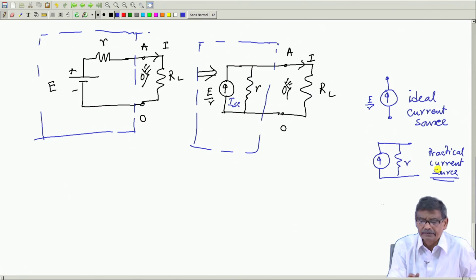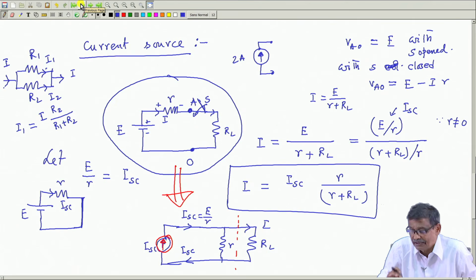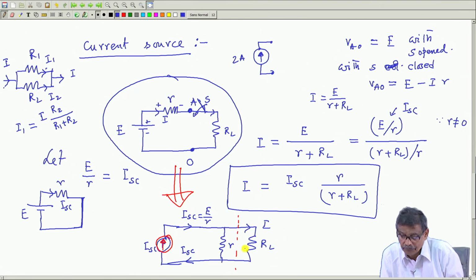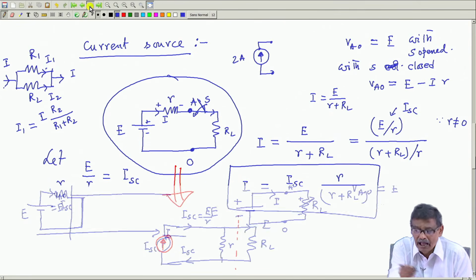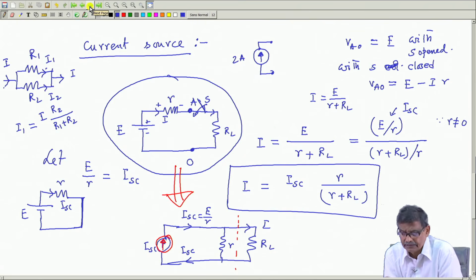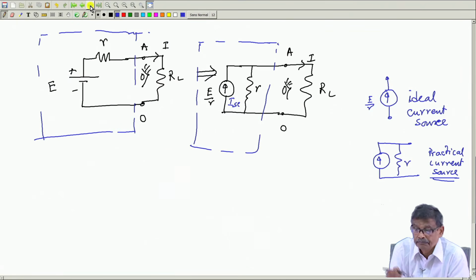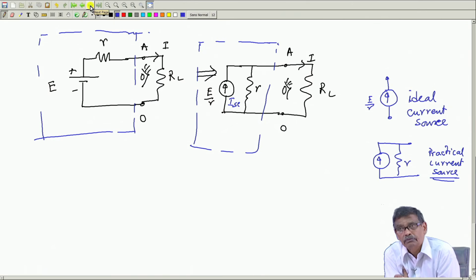So, please although very simple, but try to understand the nicety of looking at these same things in a different angle. Between point A and O, if you look into the circuit, I will say, who told you there is E and R in series? Inside this black box, it is actually a current source which supplies constant current.